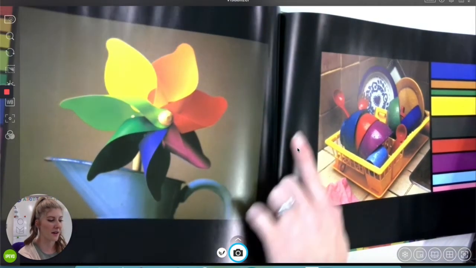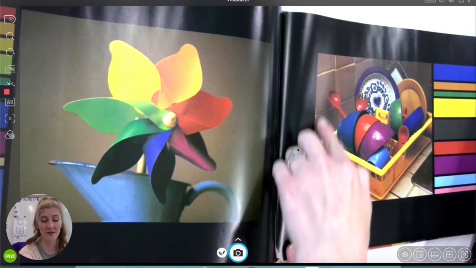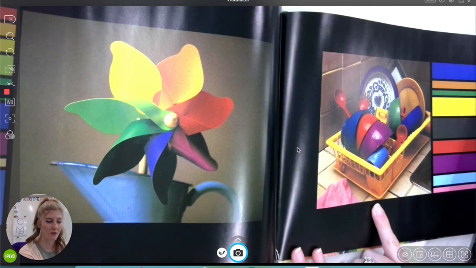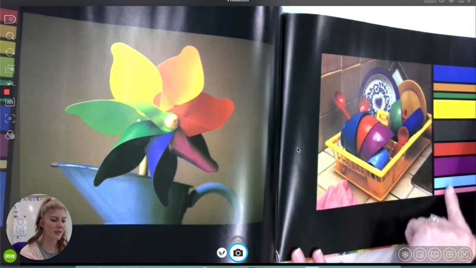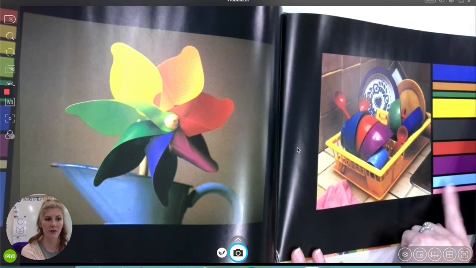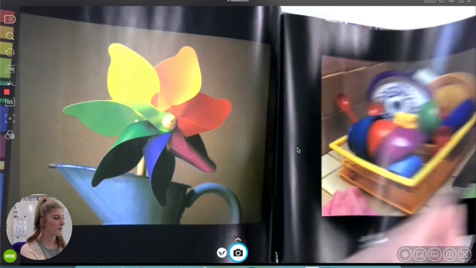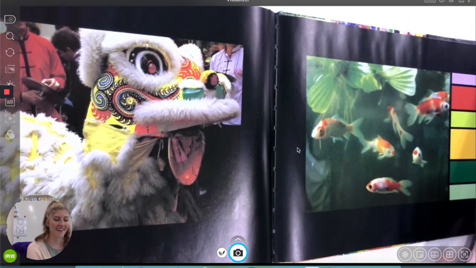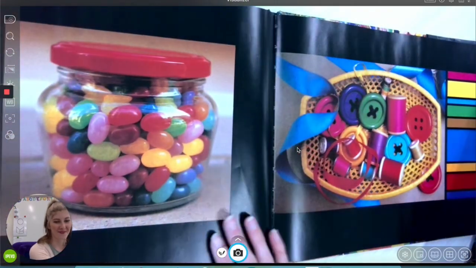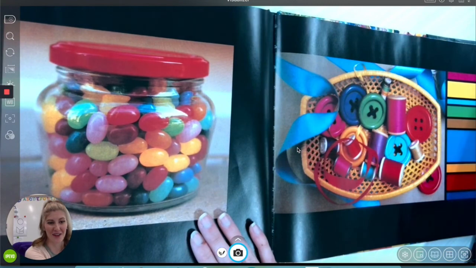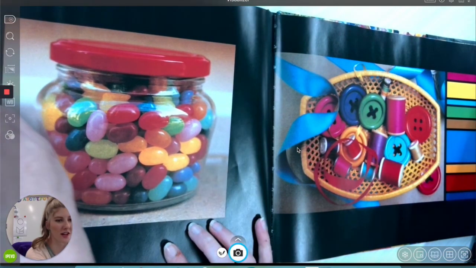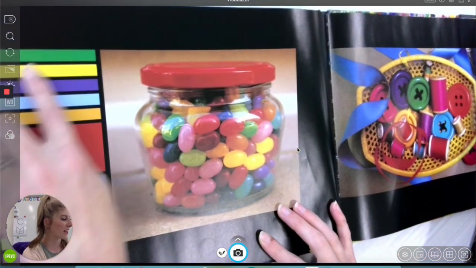Oh, and we have lots of different dishes, and they're in all different colors. And here we have this again. There are a lot of colors along the side. Oh, wow. Another one of Mrs. Doss's favorites, jelly beans. Oh, and look at all of those colors here. Look along the side.